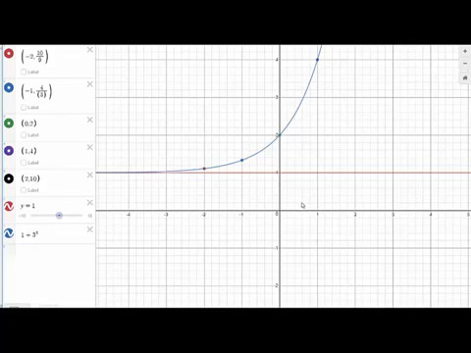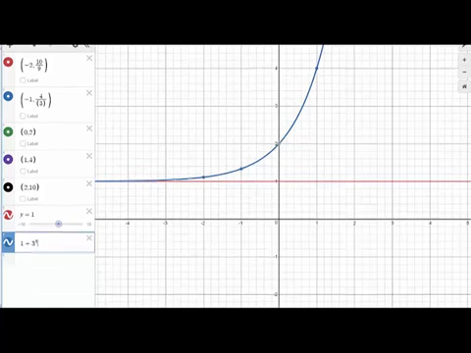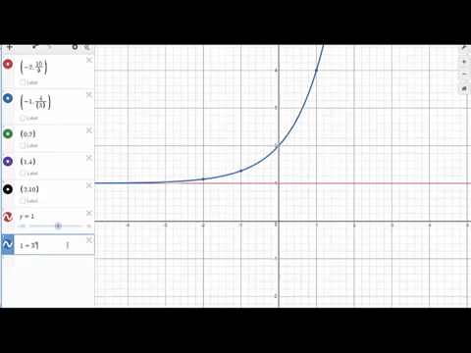Now, what I'm going to do is create the inverse function of that by creating here in Desmos the points that are the opposite points of my function. So instead of x, I will have the y coordinate and the opposite.